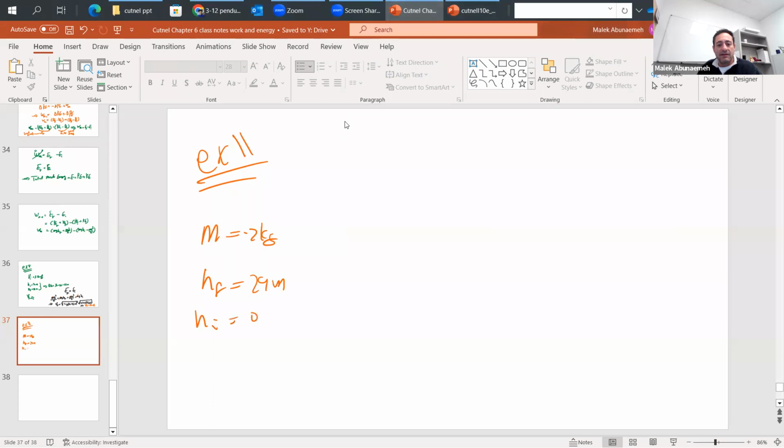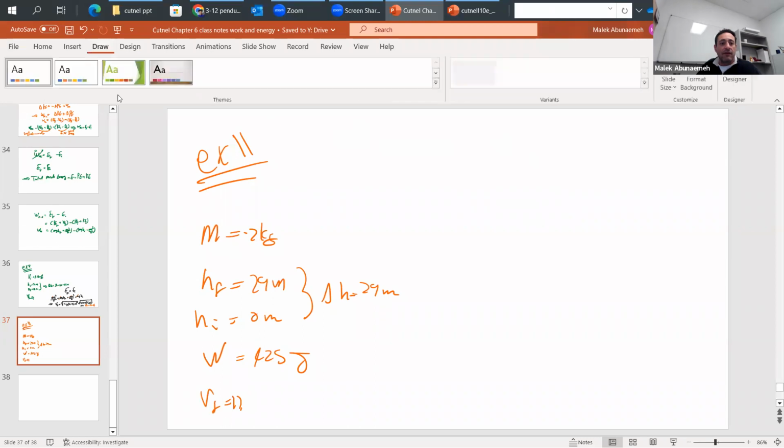That means your initial was at 0 meters. That means your delta H in this case is 29 meters. And your work is 425 joules. Let me actually write down the work better than that. And you're now trying to find the final velocity.